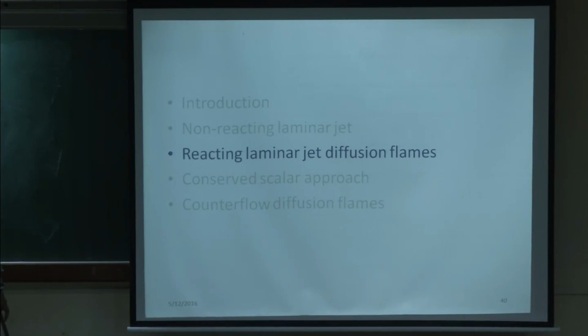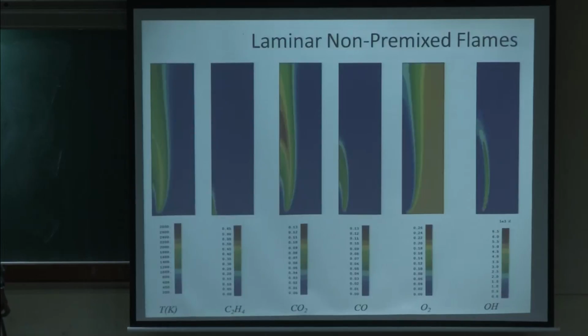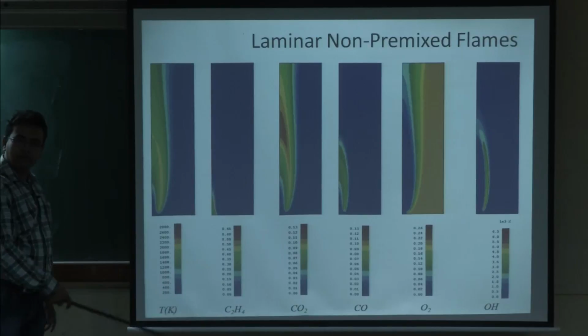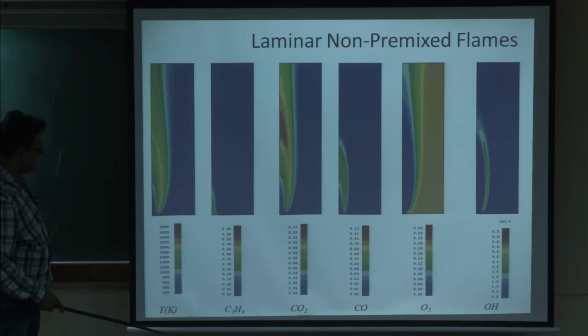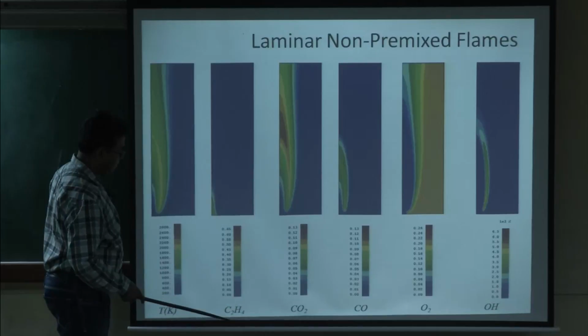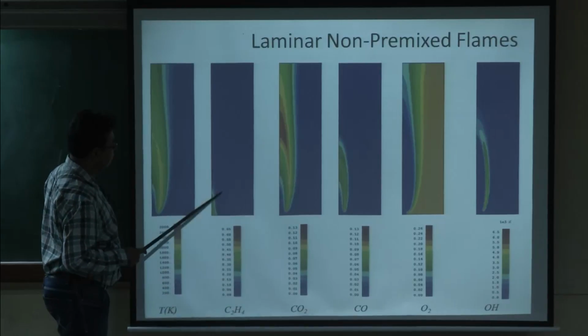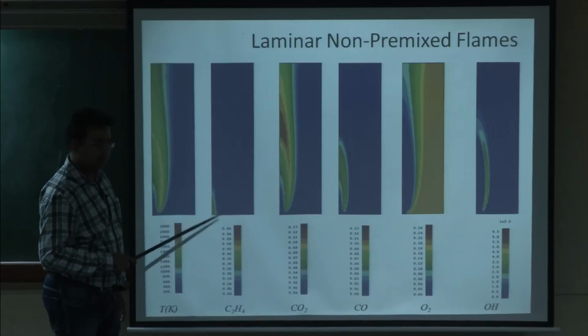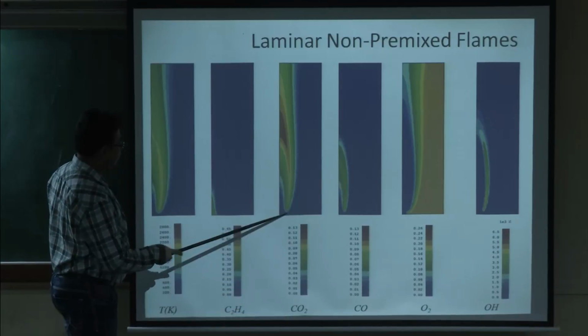Now, we will go to the reacting laminar jet diffusion flames, and here you have the contours of different variables. First we have the temperature, and then the C2H4 mass fraction. C2H4 is basically the fuel here. And then you have the CO2 that is getting formed.